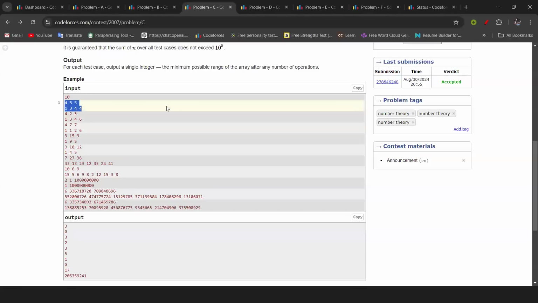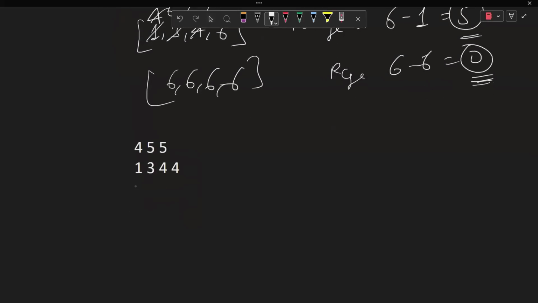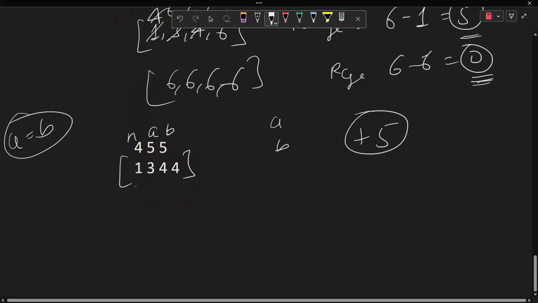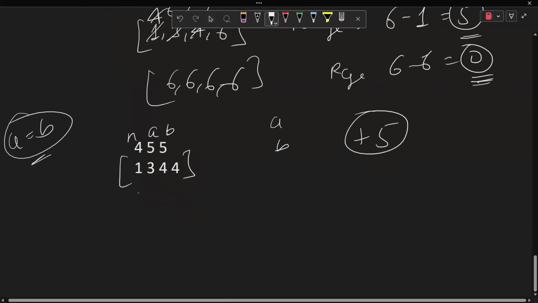Let's solve the problem for this type, and then we will see what we can do if A and B are different. If A and B are the same, there is only one type of operation, that is, add 5 to any element of the array. So let's solve the problem for this simplified version.